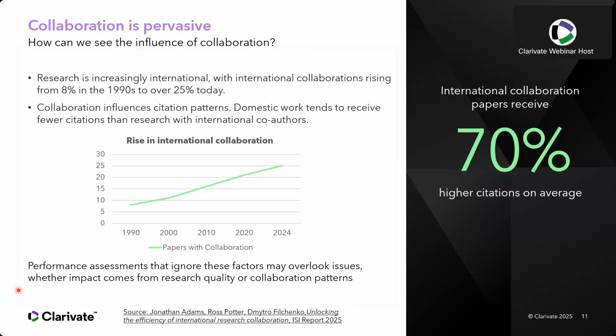When you look at assessment, if you ignore that, you may overlook issues, whether impact comes from research quality or collaboration. A paper that is getting more cited doesn't always necessarily mean that it's better than the other one, or higher quality or more impact.